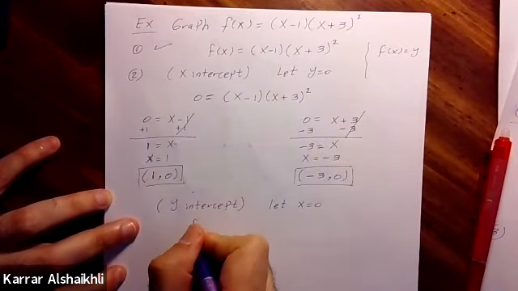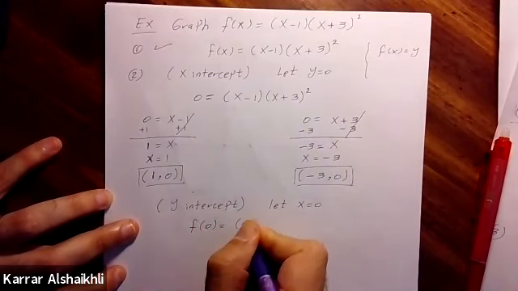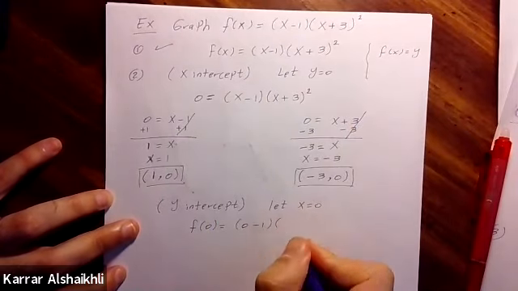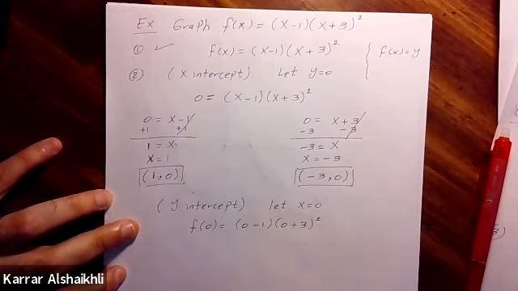That means f of 0 is going to be equal to 0 minus 1 and 0 plus 3 squared.